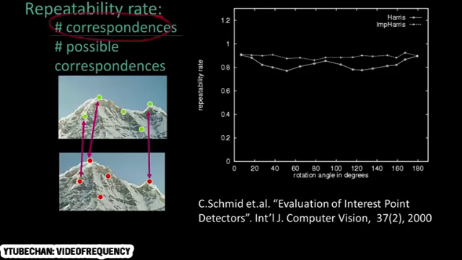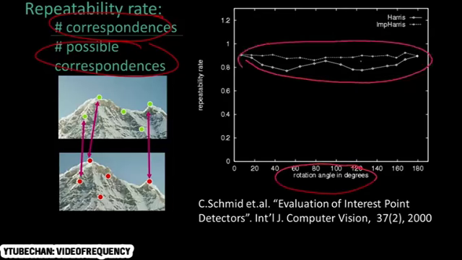So the number of correspondences that were found versus the possible ones that you should have found. That is, how repeatable was the ability to find the same corners? And as you can see here, as they varied the rotation of the picture all the way up to 180 degrees, you've got pretty good results. By the way, imp Harris is improved Harris. But you can see that both Harris and the improved Harris are pretty invariant with respect to rotation.